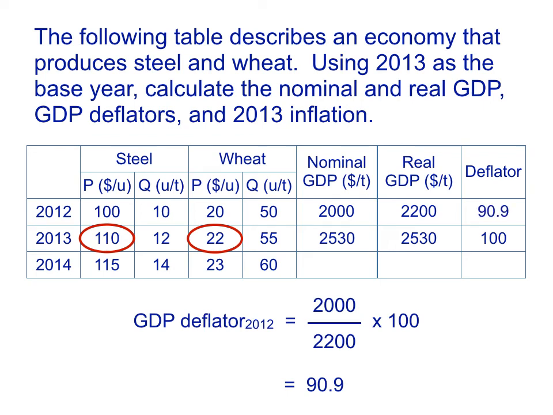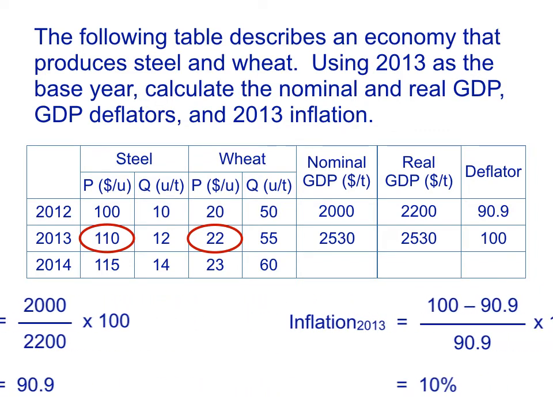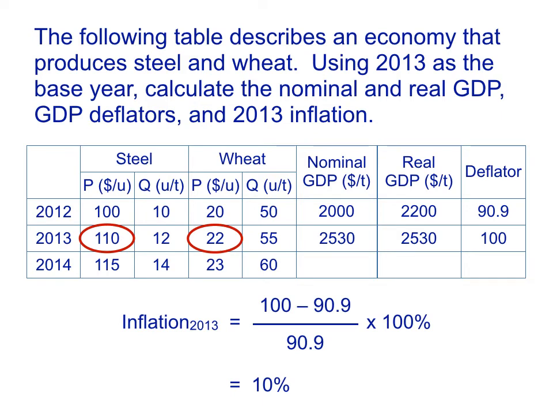So 2000 divided by 2200, and I multiply that value by 100, which gives me 90.9. If I want to get my inflation, I can simply take 100 minus 90.9 and divide it by 90.9, and that's going to give me 10%.